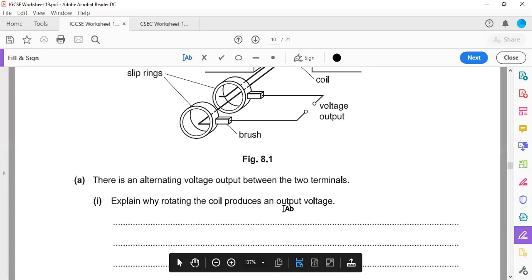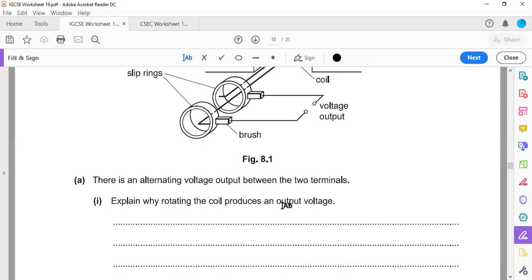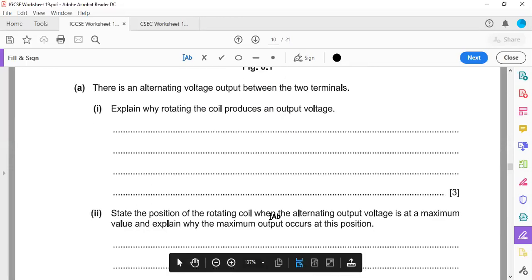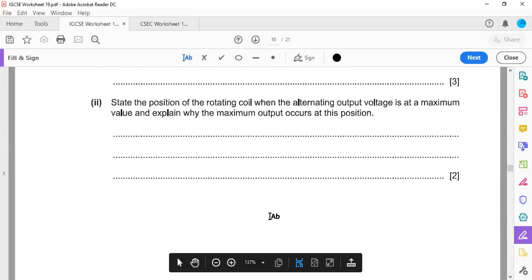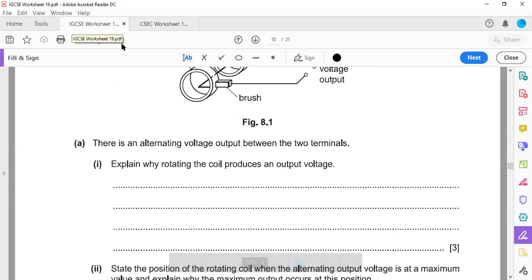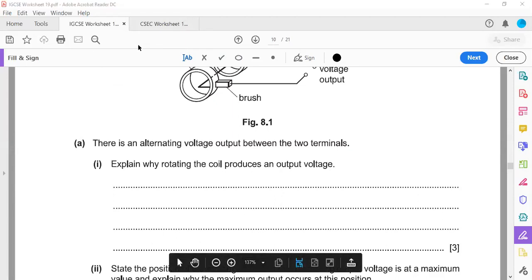It is because the conductor was placed in a changing magnetic field. Good. All the answers are going to be around the same thing, so you could practice the other two that it has. So IGC students, you're okay with that? Everybody okay with that? Nice. So we're moving on to CXC now.